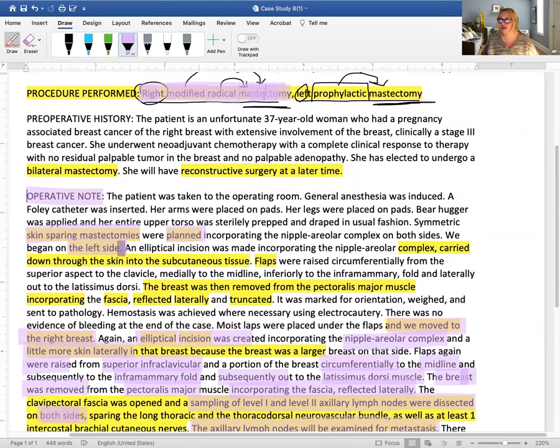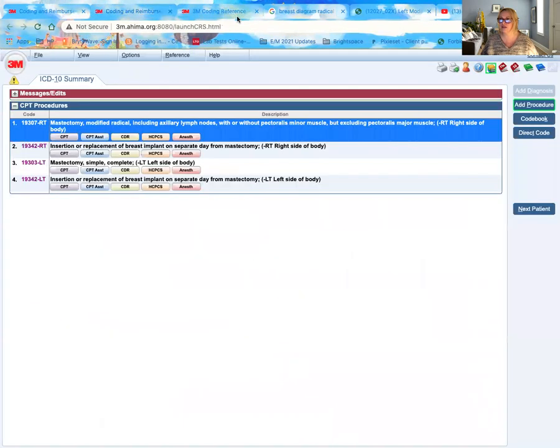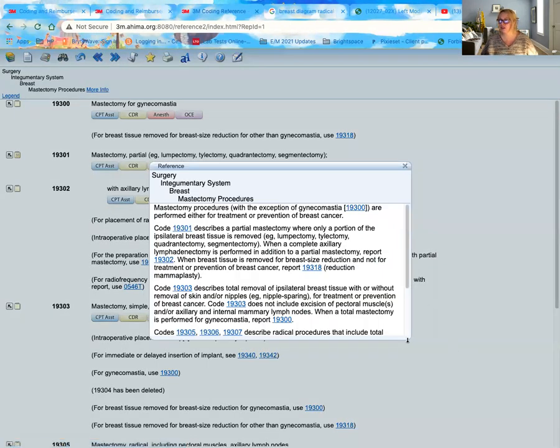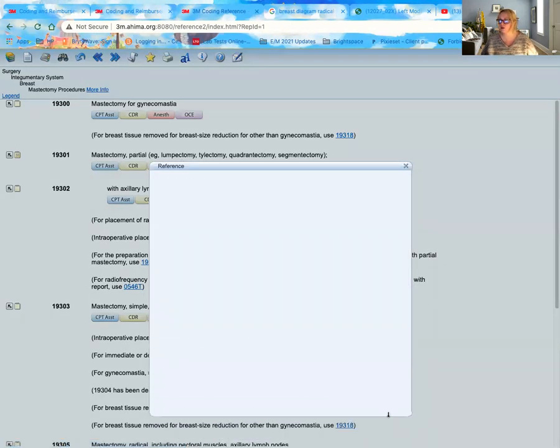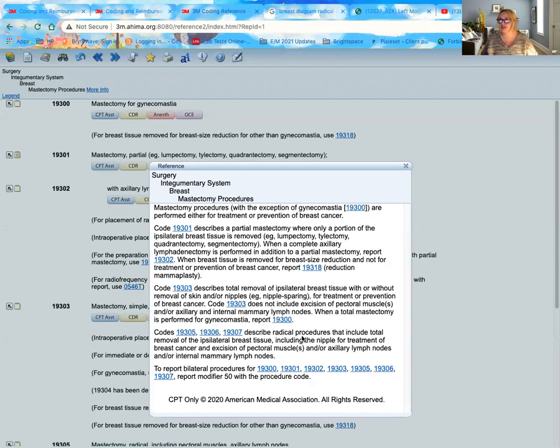So I'm going to come back to the part where I stopped earlier and say, okay, here's my left side. Now, if I want to, I can come through here and I can look at all of these details here, and look at the description again to see what each of the codes entail. So a partial mastectomy is only a portion of the breast tissue, such as a lumpectomy.